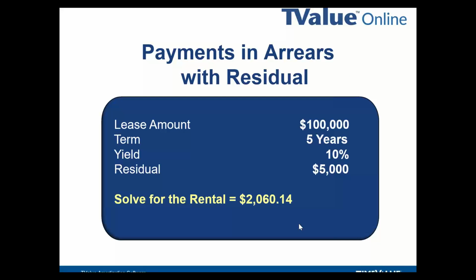Let's do payments in arrears with a residual. So we're going to have a $100,000 lease. We're going to have another 5-year term, 10% yield, and we'll put in our residual, so $5,000.